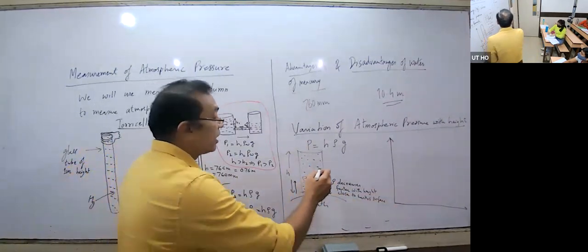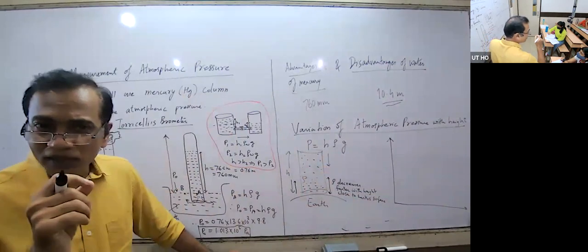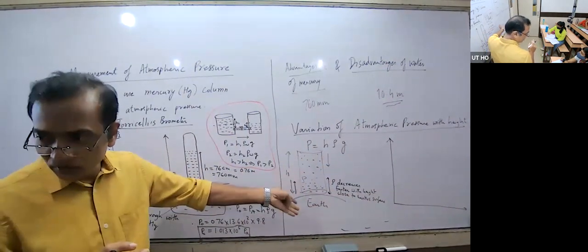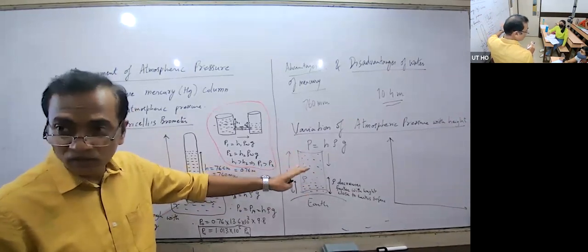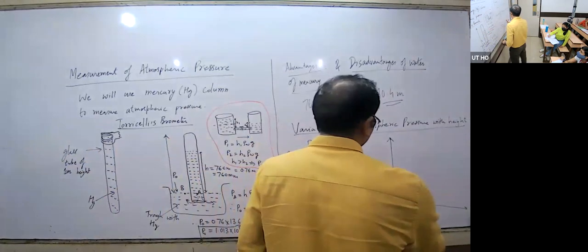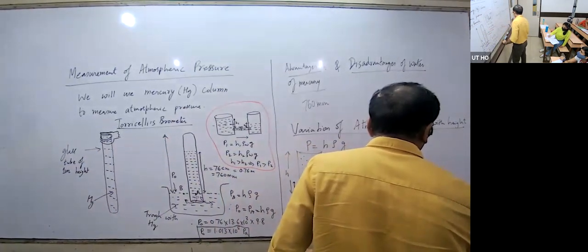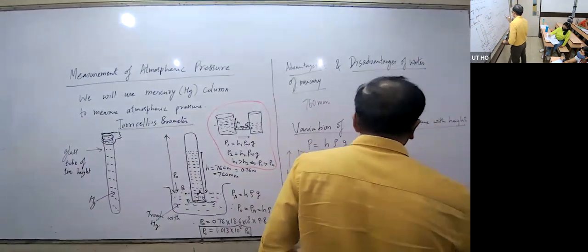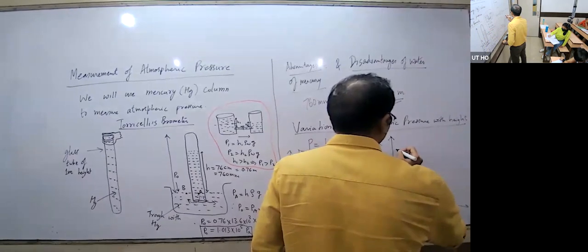But at greater heights, the decrease in density is very, very less, because anyway it was less dense. So the difference is not much. So when you plot a graph of height versus atmospheric pressure, is it height or density?